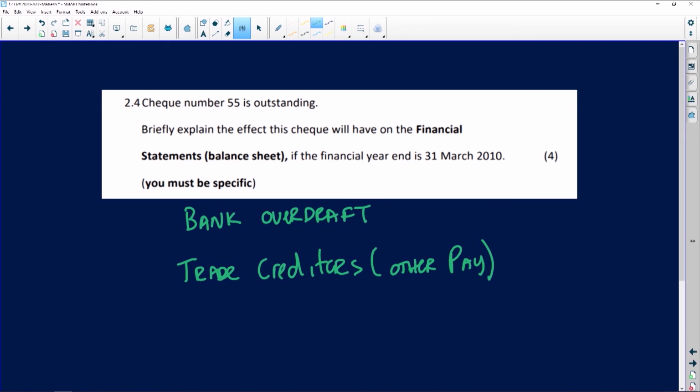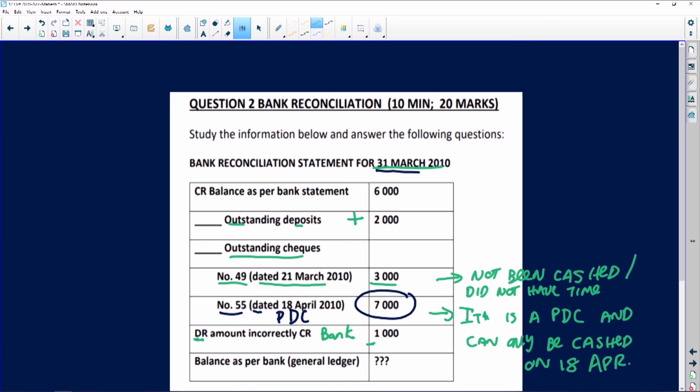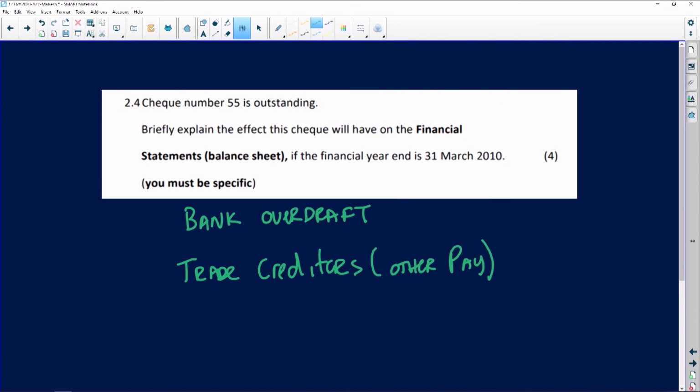So remember, even though you issued the check, let's quickly go to the check amount. The check amount was 7,000. Even though you've issued the check, technically that money hasn't been paid to your creditor. So your trade creditors should increase by 7,000 in the balance sheet or in the trade and other payables note.